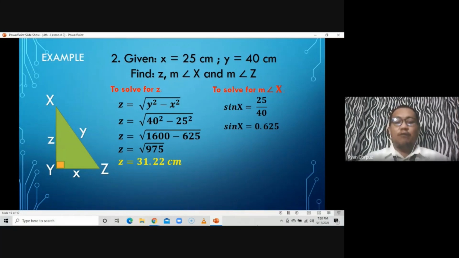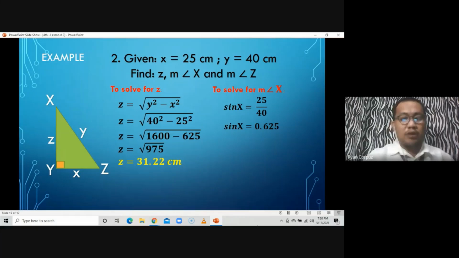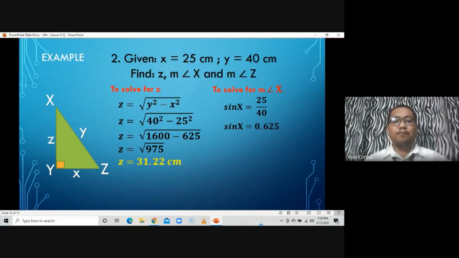Ngayon, what you are looking for is the measure of the angle. So what you are going to do to find the measure of the angle, just follow my instruction. Una, press shift, followed by sine.